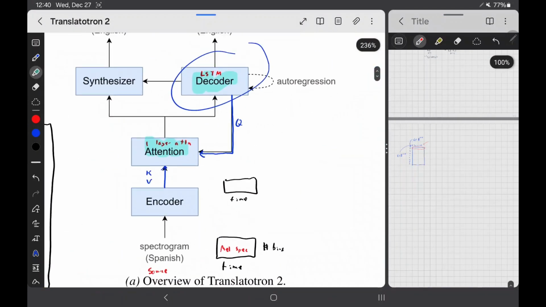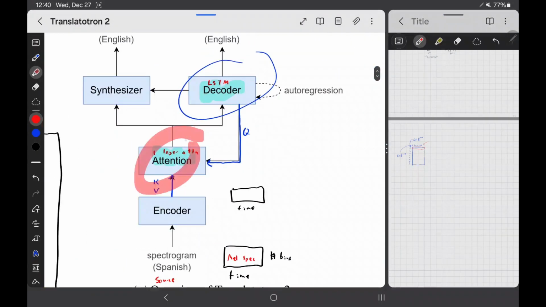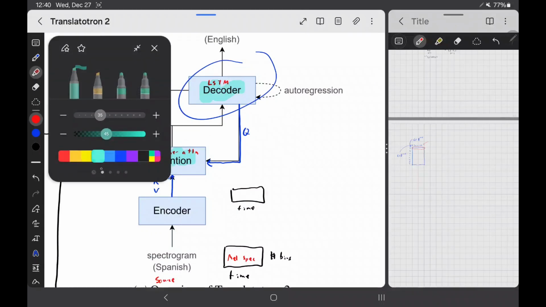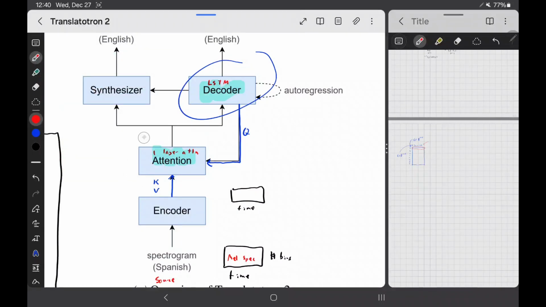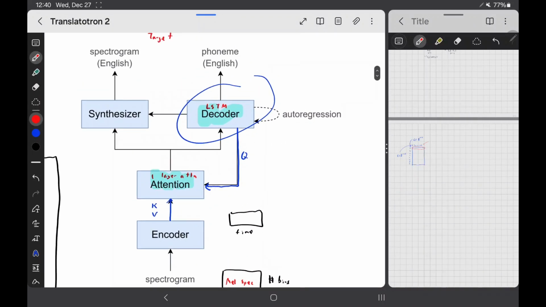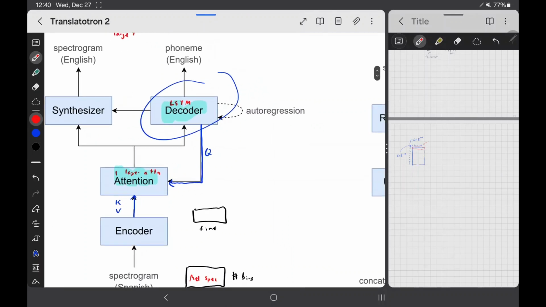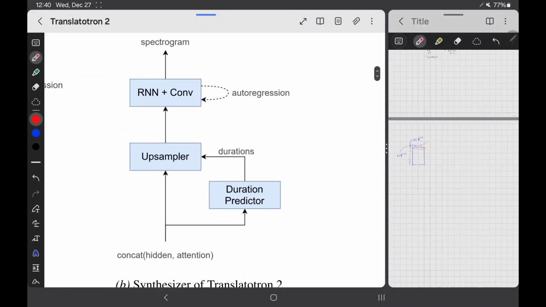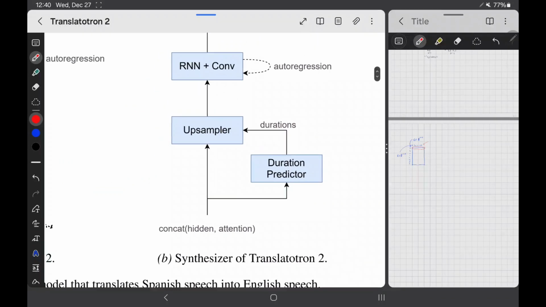Now, once you have your phoneme sequence, after you've sent this through attention and your decoder autoregressively, you then send this through the synthesizer. So you have this phoneme sequence and this source condition sequence, and you're going to send it through this synthesizer.